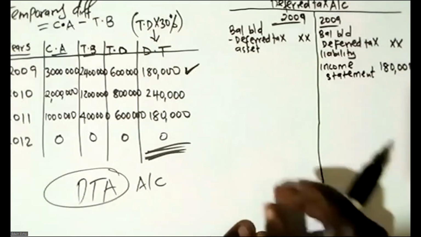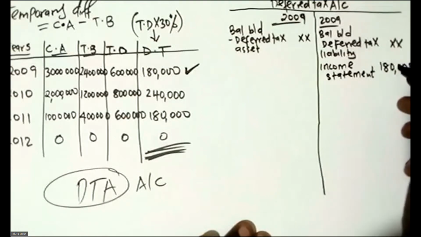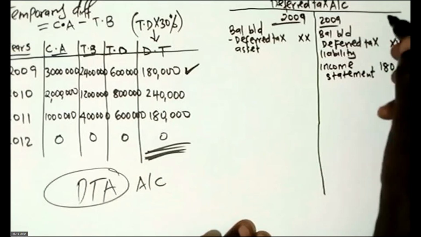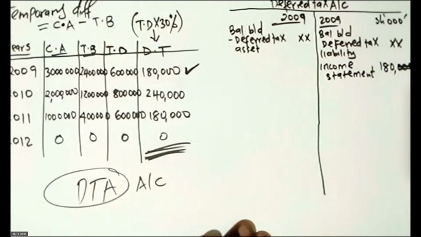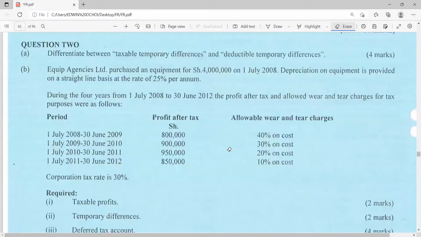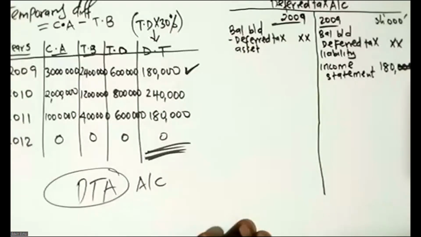So we have 180. I can reduce it to thousands. I can remove the 3 zeros and say shillings in thousands. The question was not reduced, so it's okay, I can say shillings in thousands.